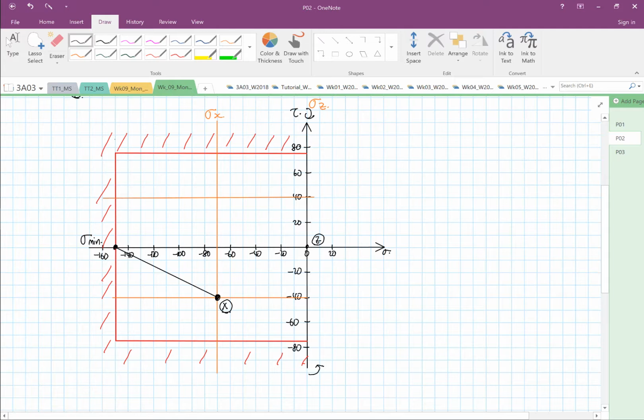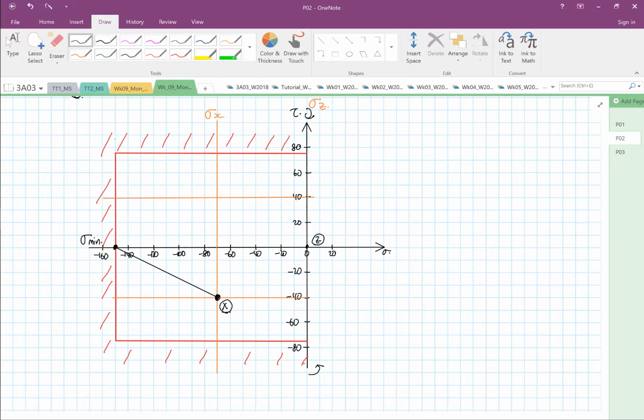You know that these 2 points are points on the Mohr circle. This is your minimum stress mean. So how are you going to find where point Y is?